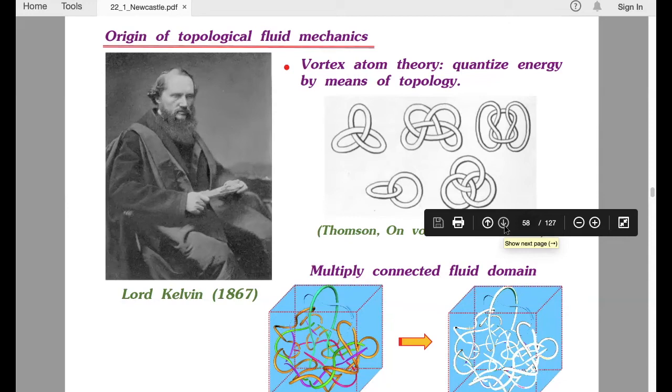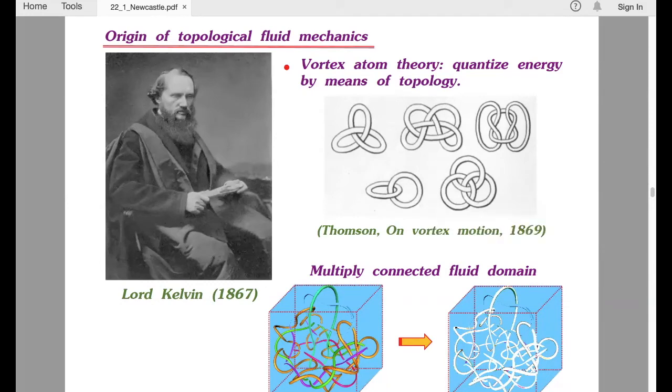And one of the aspects he immediately pondered was, what if we consider this fluid as a Gruyere cheese, we would say, a region of space filled by empty tubes? We remove vorticity and we would have these empty tubes there.